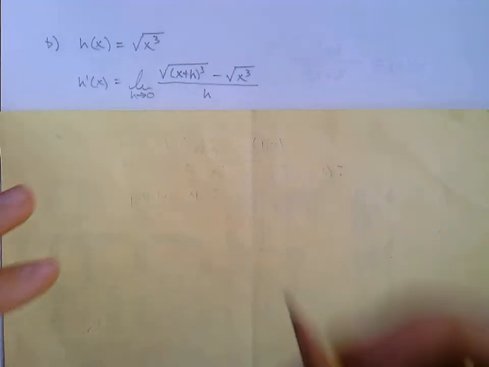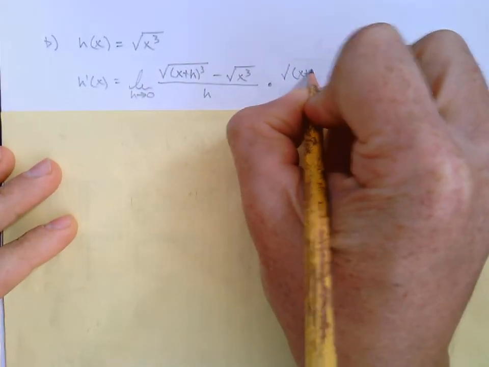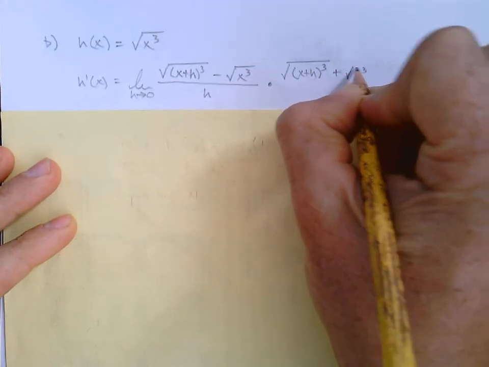Okay, there's the setup. Hopefully we all feel pretty good about that at this point. So how do we simplify? Well, it's the conjugate. So I'm just going to put that out here. We're going to multiply top and bottom by the conjugate of that numerator.